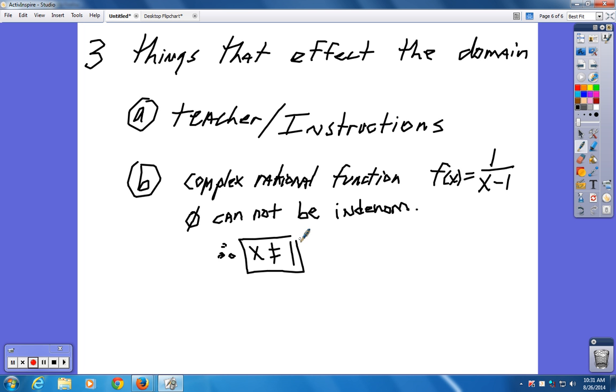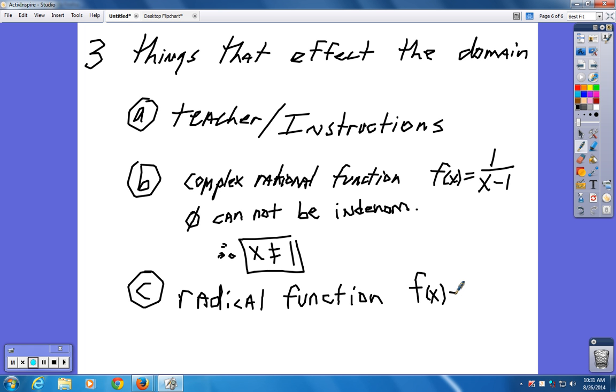And the third type of problem is a radical function. f of x is equal to the square root of x minus 1. Now I want you to look at the square root of x minus 1, and think of what numbers will or will not work in that function.